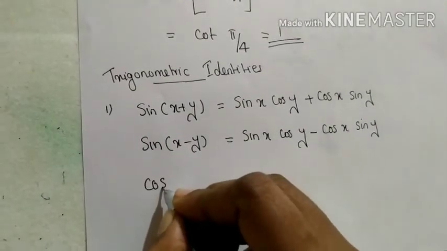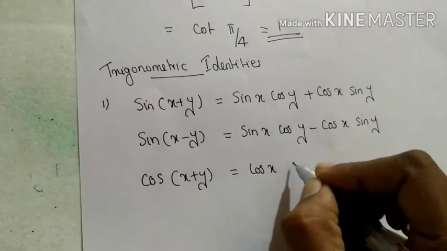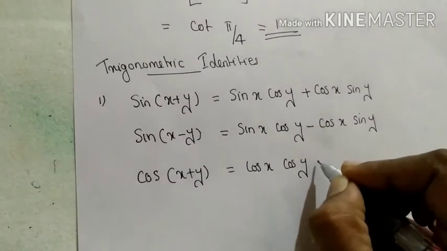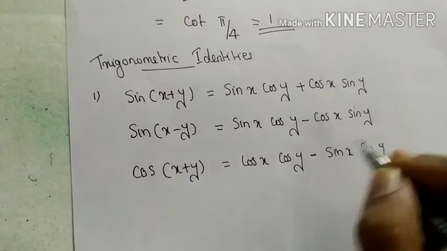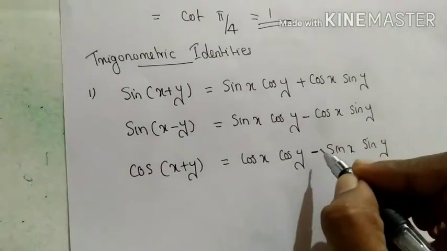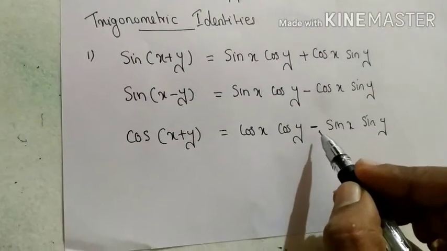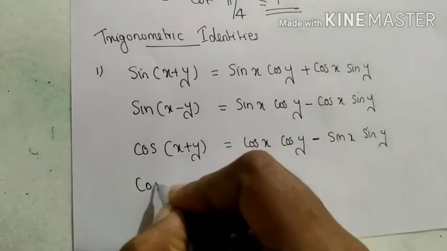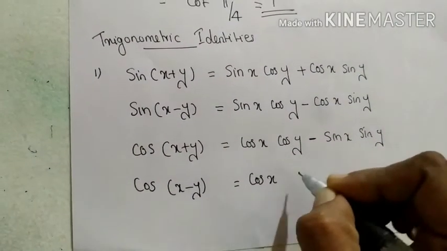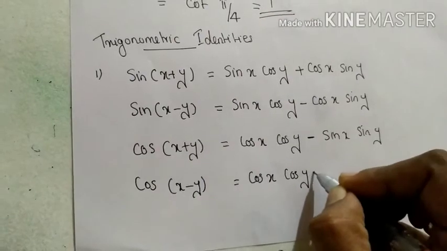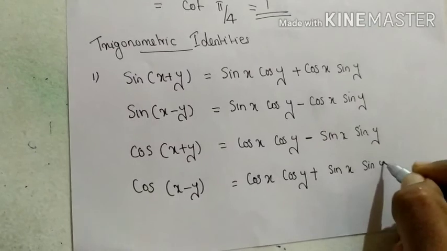The next one is cos of x plus y equal to cos x cos y minus sin x sin y. Note that here we have a minus. So here with plus, the result has minus. And cos of x minus y is equal to cos x cos y plus sin x sin y.